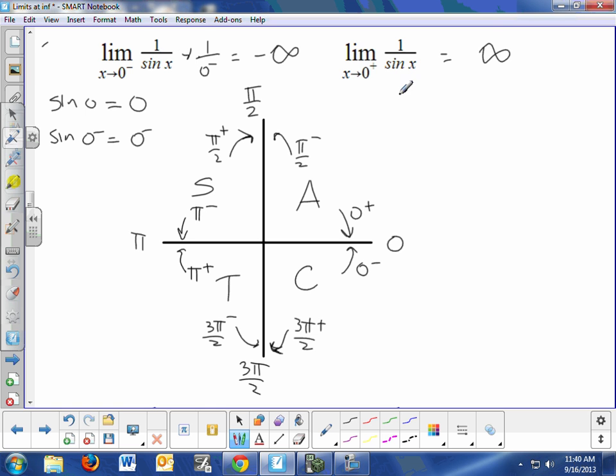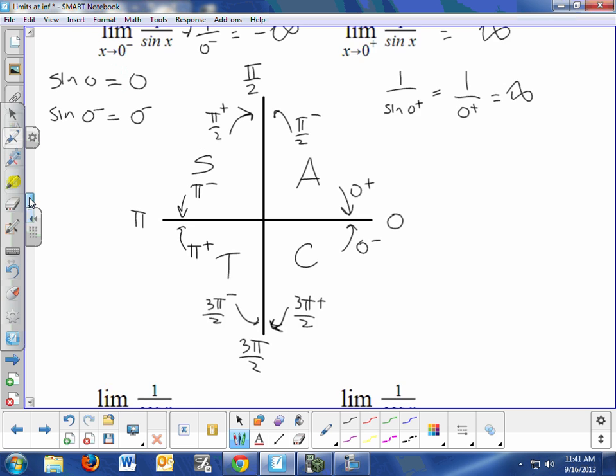It would be like 1 over the sine of 0 from the right. 0 from the right's up here. It's in the first quadrant. All my trig functions are positive in the first quadrant. So that's why I know that's like 1 over something approaching 0 from the right, which is also positive infinity.